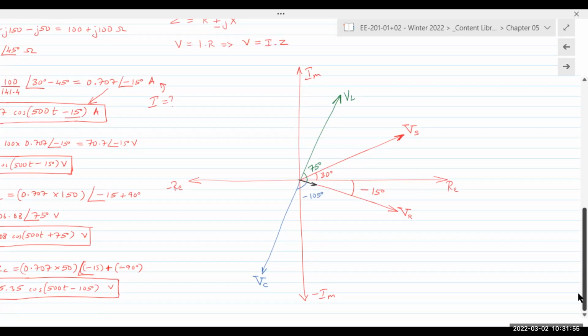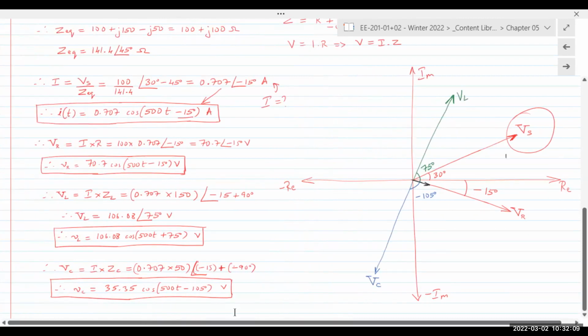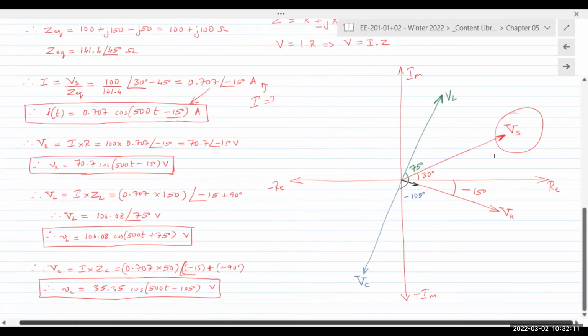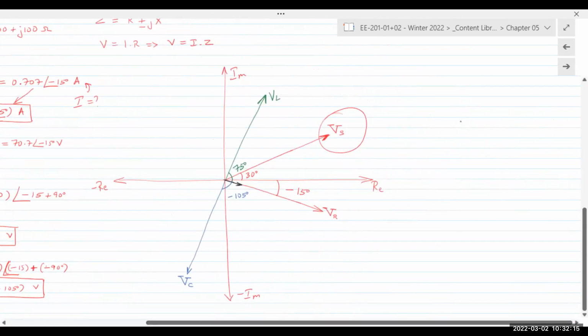So let's take the source first. Source Vs has a magnitude of 100 with a phase angle of 30. So you would draw the real axis, draw the imaginary axis, and find the phase angle first.